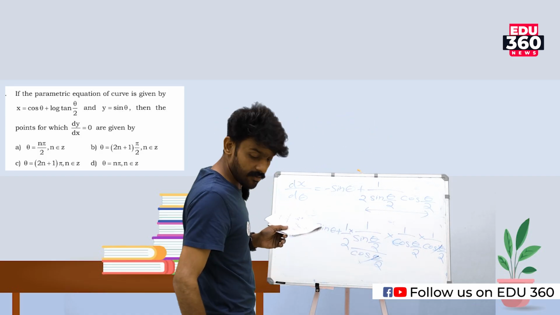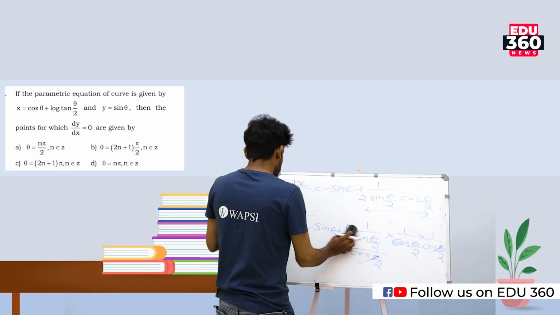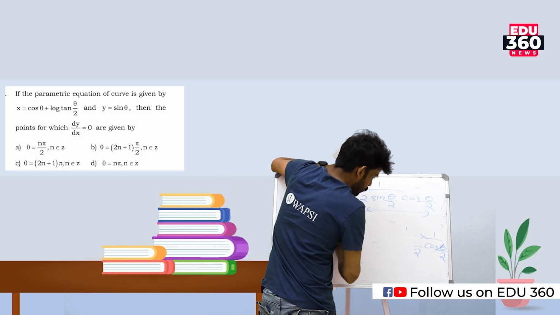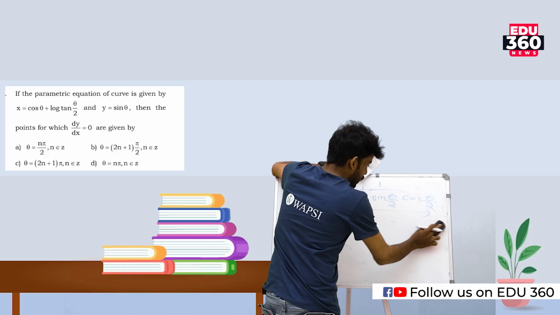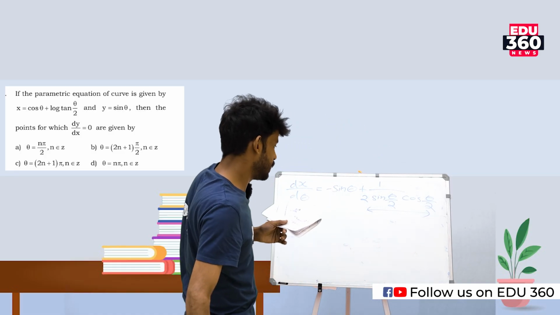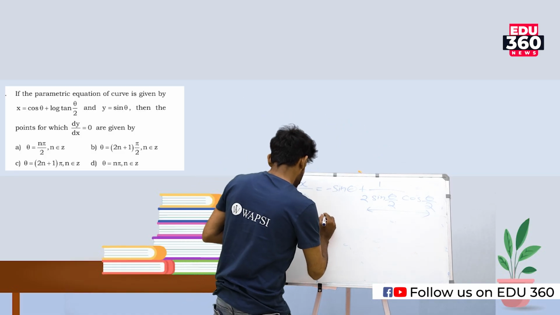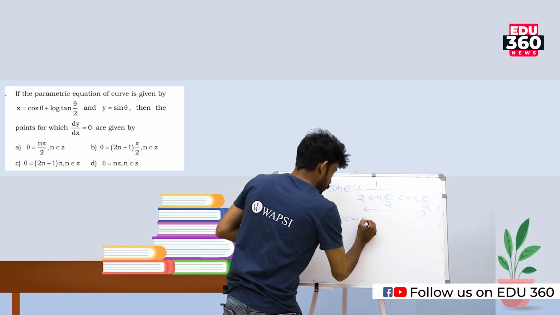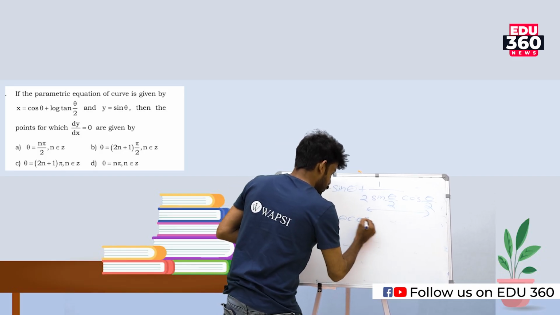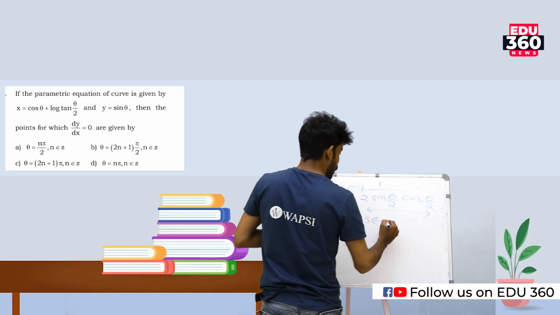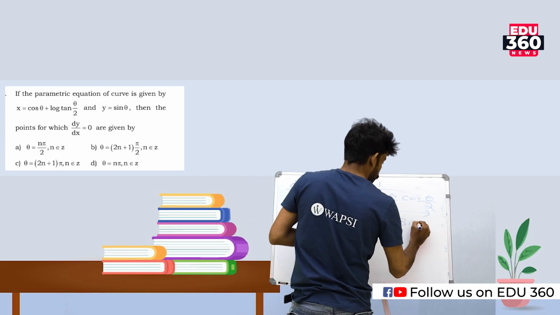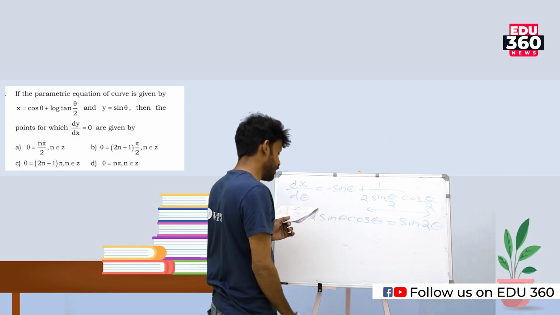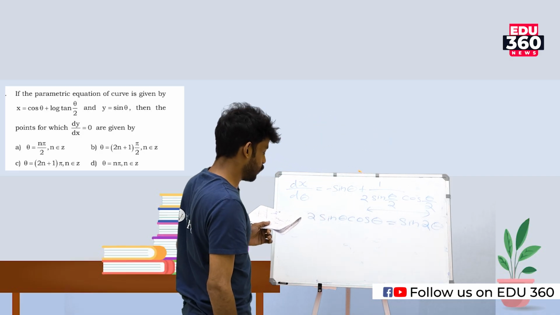We already know that 2 sin theta cos theta is equal to sin 2 theta. We already know this.